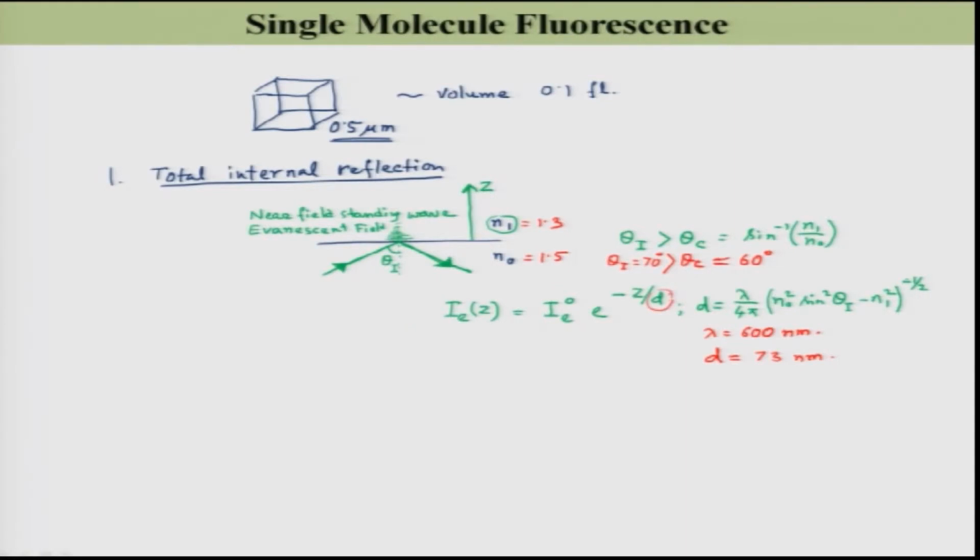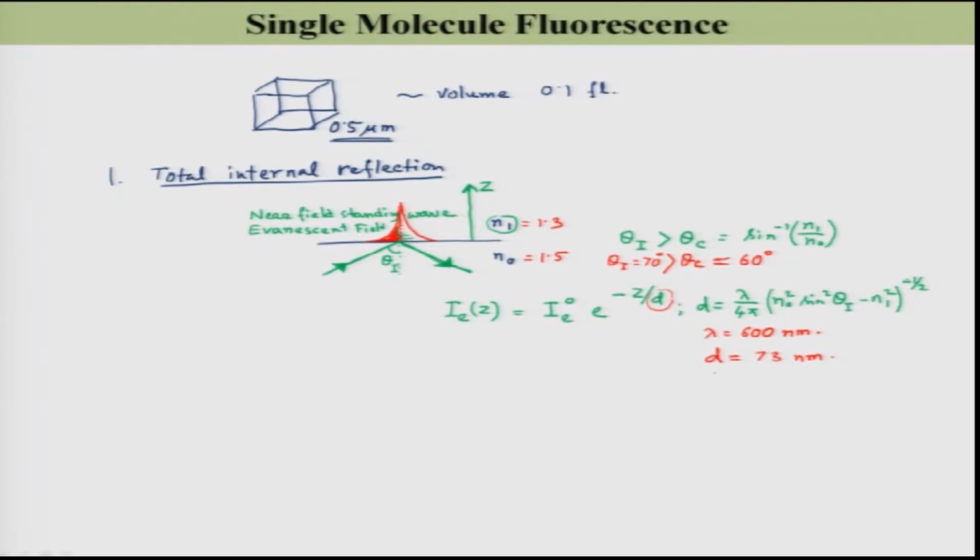So, what I want to say is that the evanescent field strength is high here, but it is going to be 0 exponentially. See, this is my exponential function, and do not forget that it is symmetric like this. So, the evanescent field strength is very high and then it goes to 0 as Z increases.